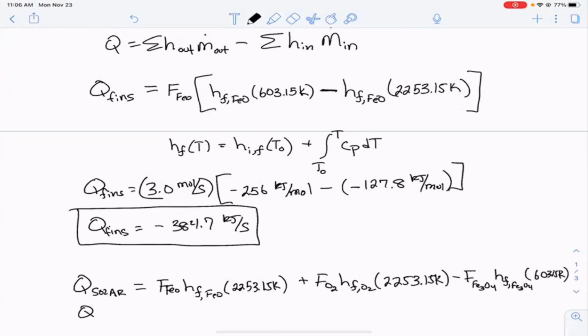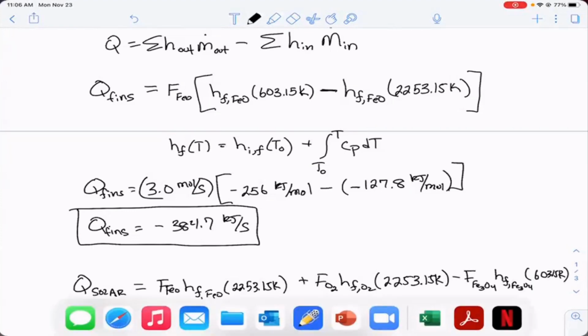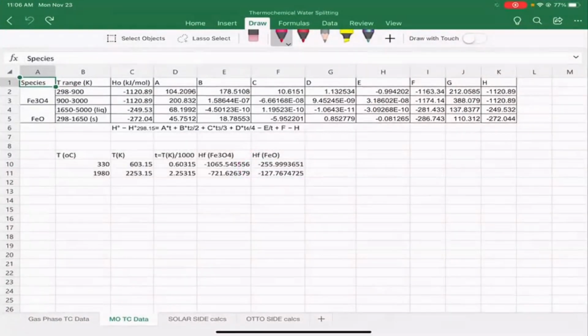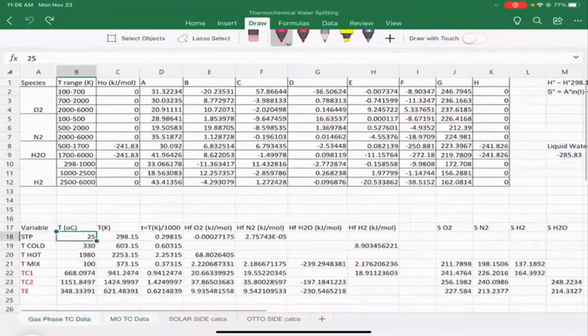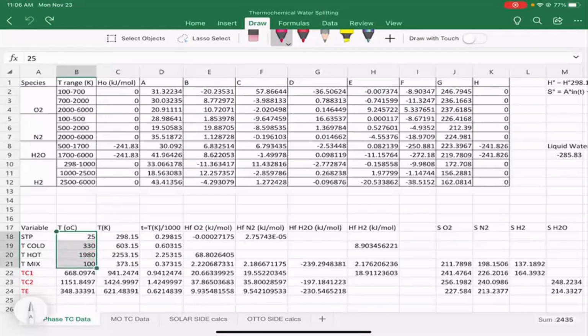Of course, the solids, we already talked about finding the heat of formation of those solids. But I've also done the same thing here with the gas phase data. You can see here on the bottom left I have all of the temperatures: the cold temperature, the hot temperature, and the temperature of the mix that's going to come out of the mixer, which we'll have to find, as well as the other temperatures that we'll find along the way.